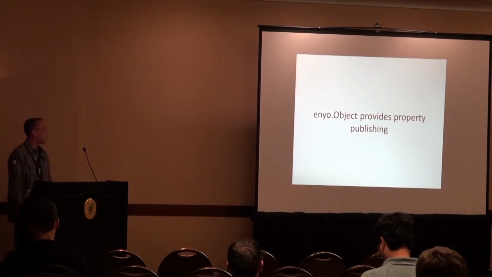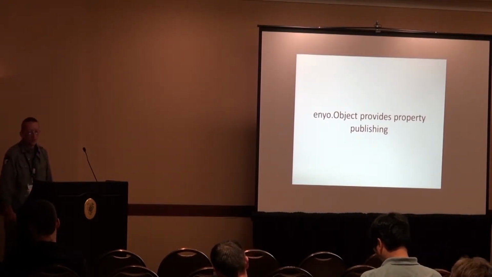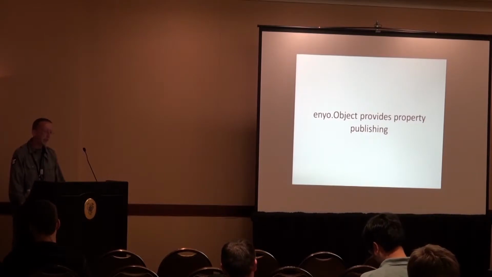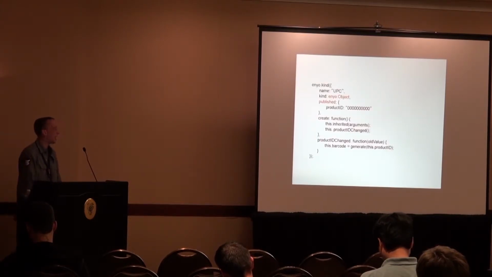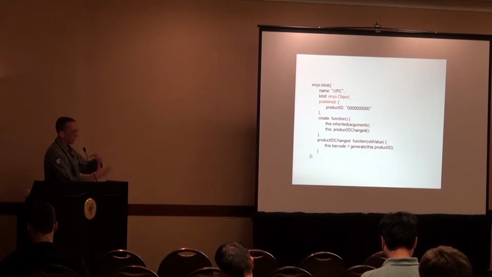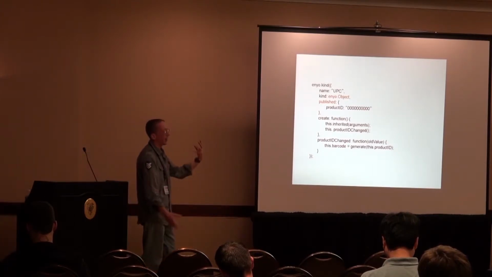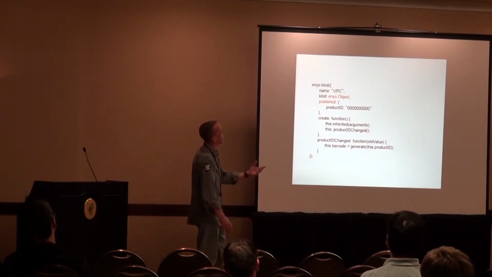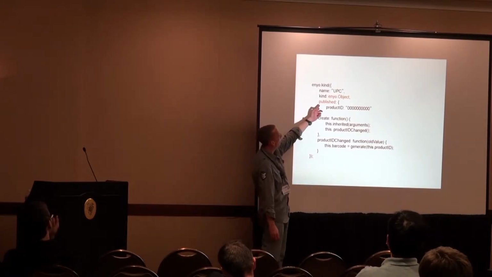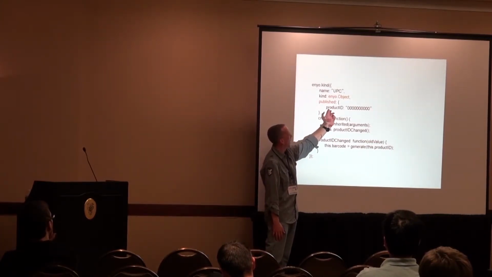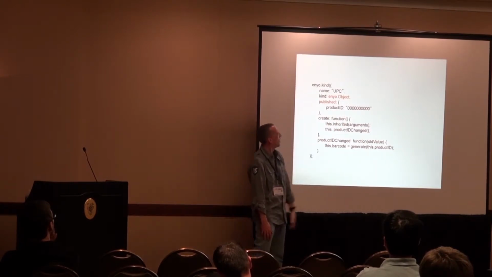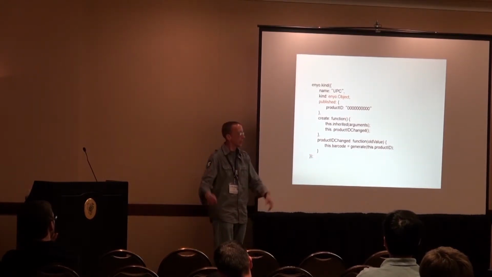All right, so I think these next few slides just go into a couple of core pieces. At the very base level, we have Enyo.object that provides what we call property publishing. So any Enyo kind that you create at the very base level is going to inherit from Enyo object. So they all have this capability where I have a published property, and it's an object, and the properties of that object become published properties for the kind.